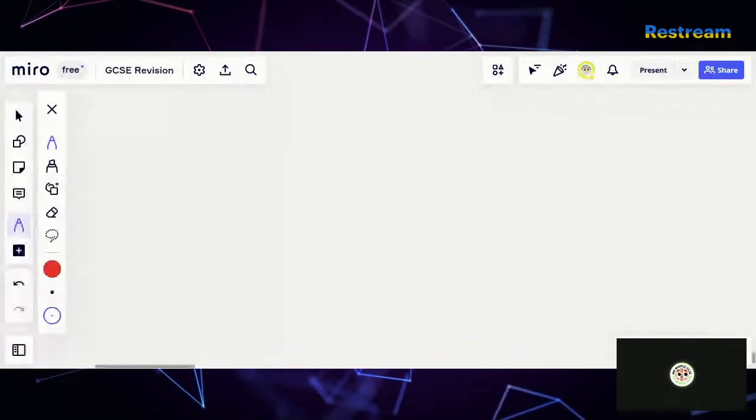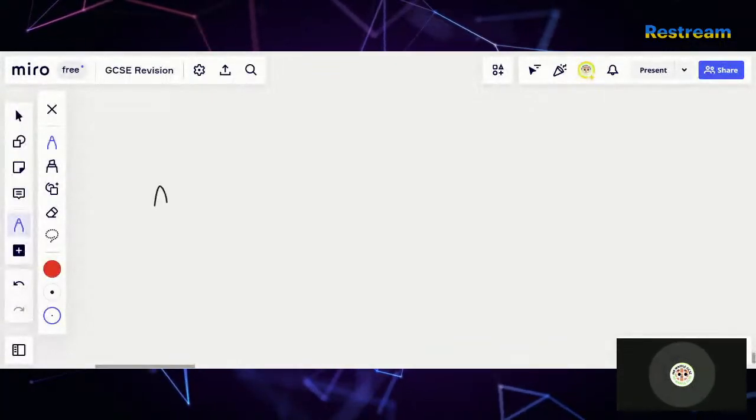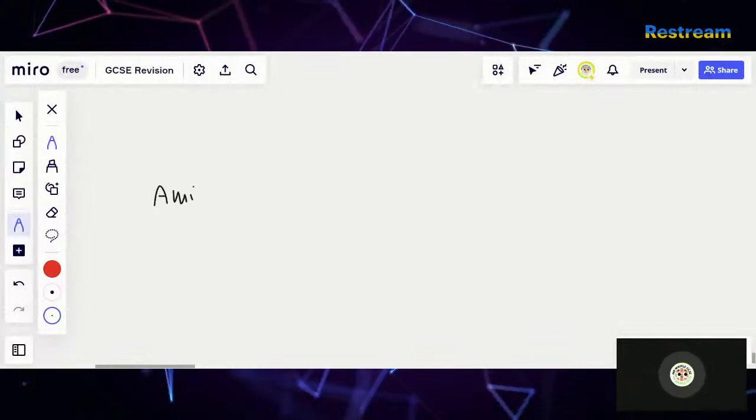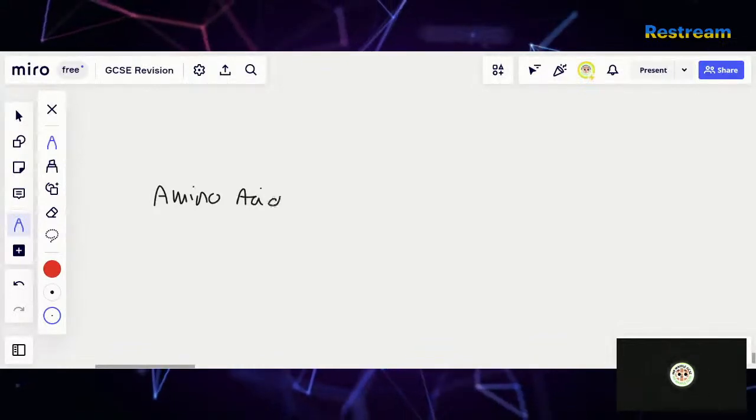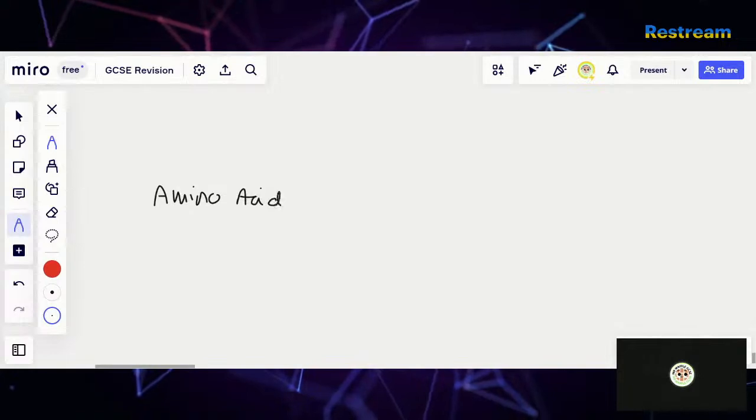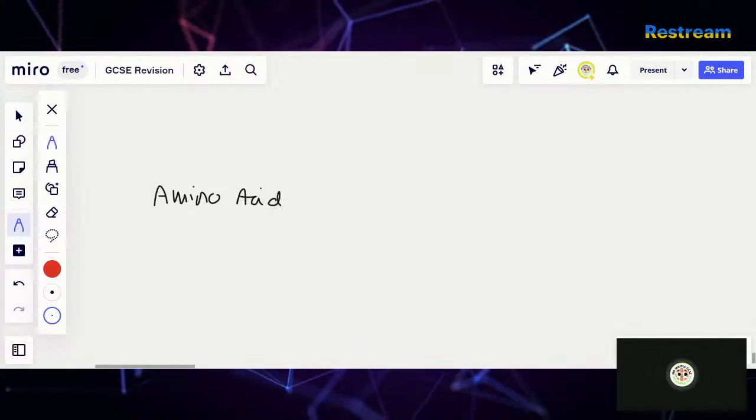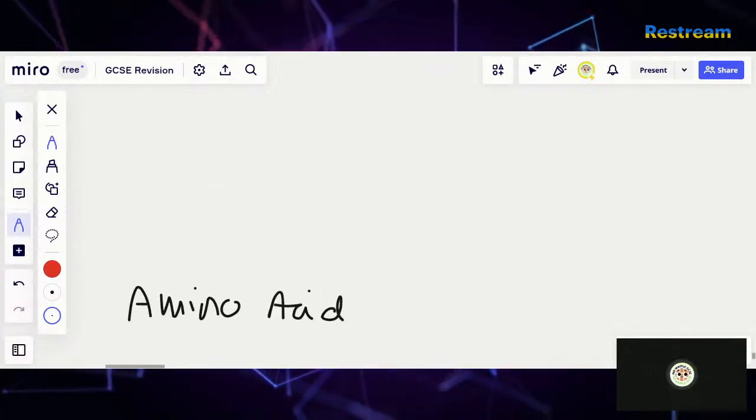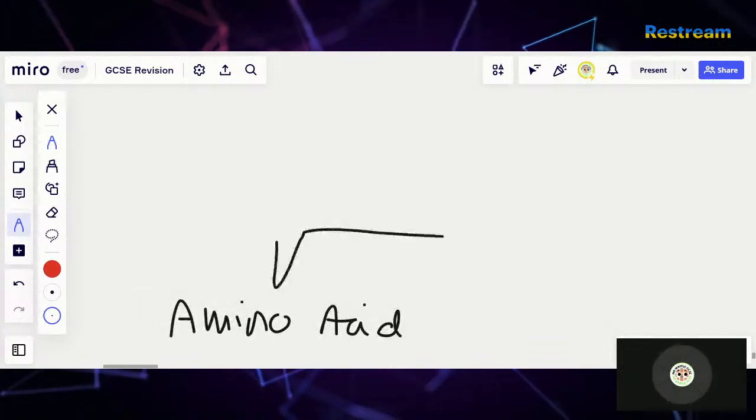So when there's a change in an amino acid, we know that an amino acid is actually just a triplet of bases.